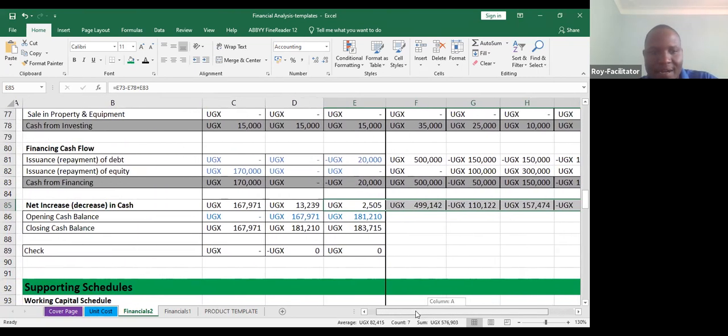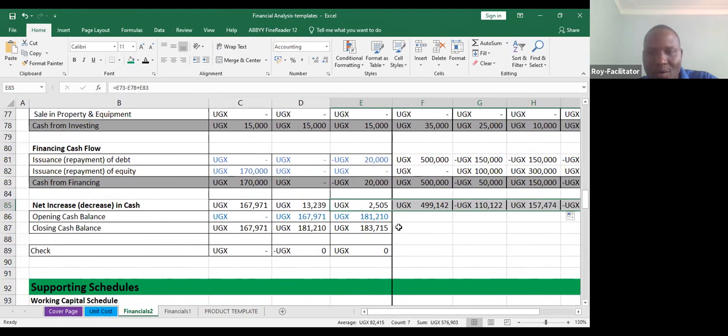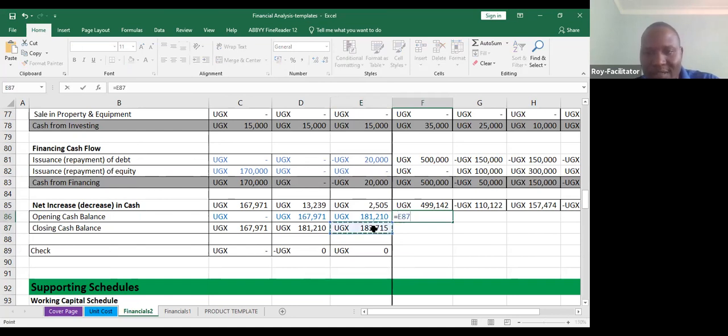And then here opening, we can say the closing cash balance is the opening for next year. It's the opening, so I'll just bring this is equals to this.